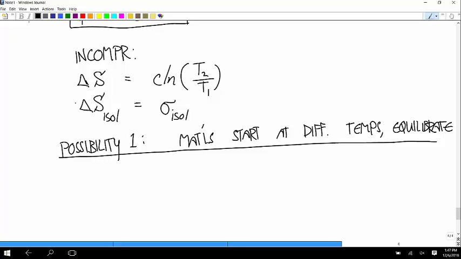So we're going to calculate the change in entropy for the whole system. The change in entropy for the isolated system is the change in entropy for the water plus the change in entropy for the steel.